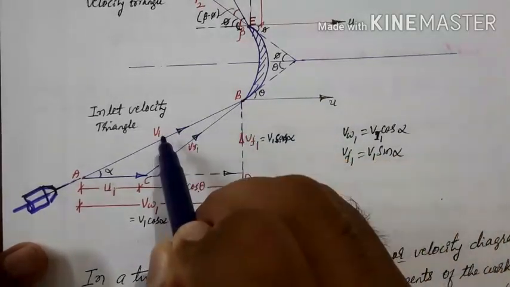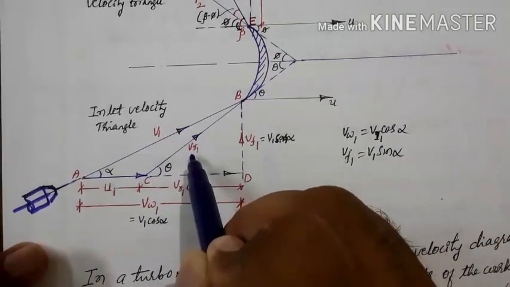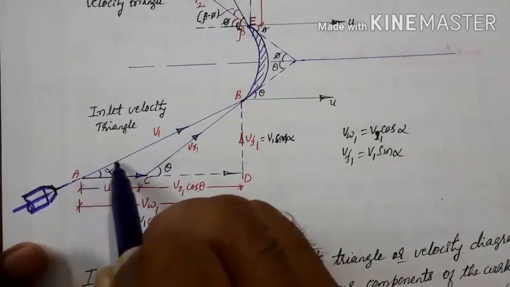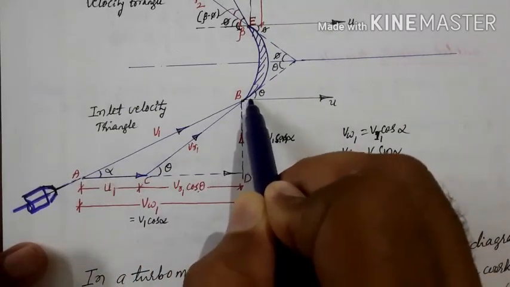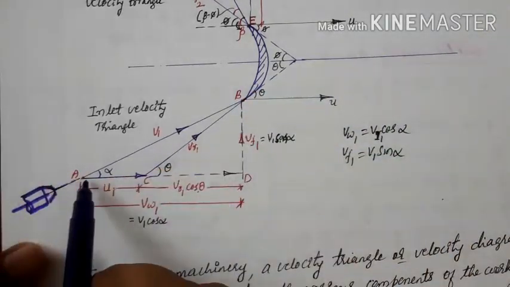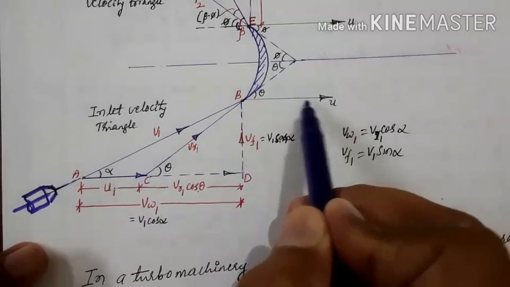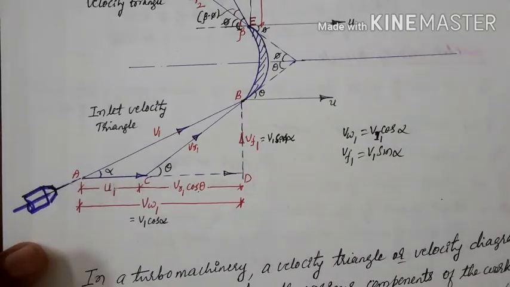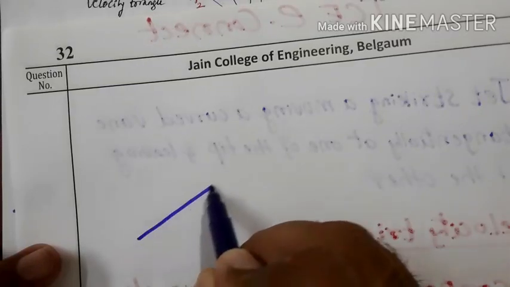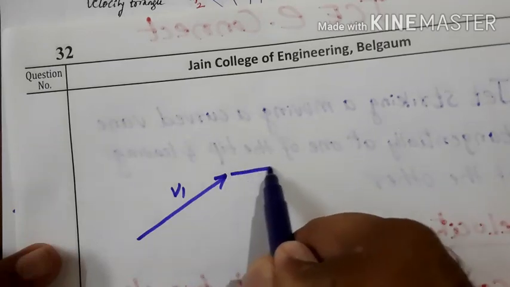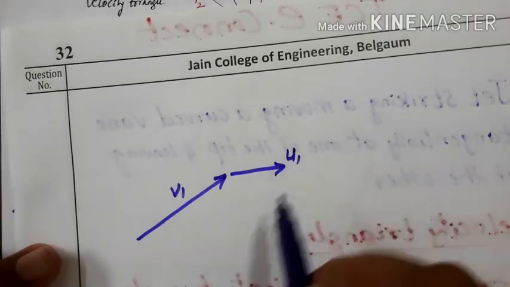Then we have to take the difference of these two, that becomes the relative velocity, which is represented by this one. This is the absolute velocity and this is the vane velocity. Just shift this to here and keep it here, this becomes u1. Whatever u is here, the vane is moving, just it is kept here. So like this, I'll draw here. This is the jet velocity v1 and this is the vane velocity u1.